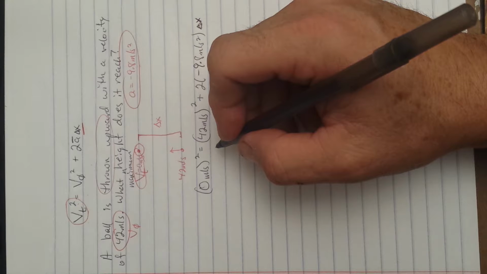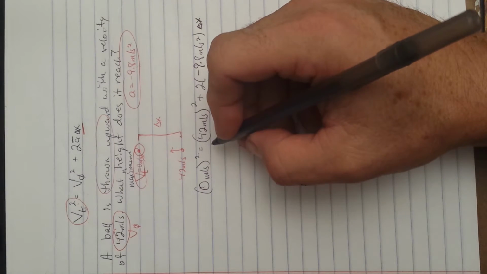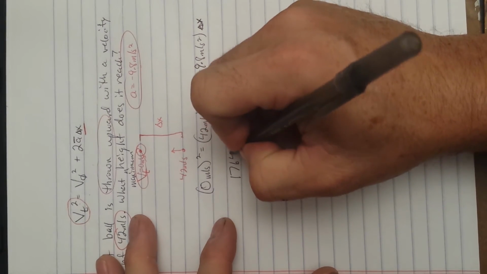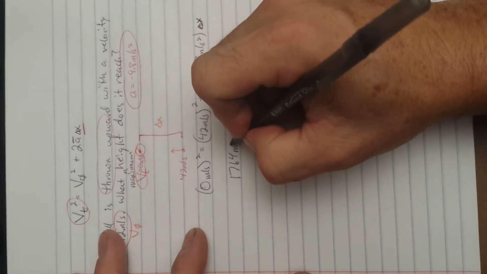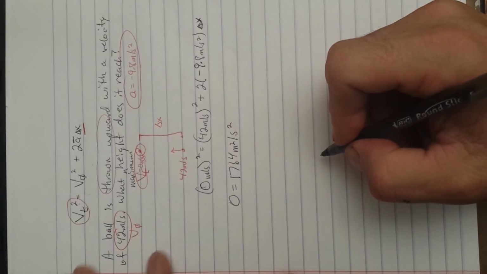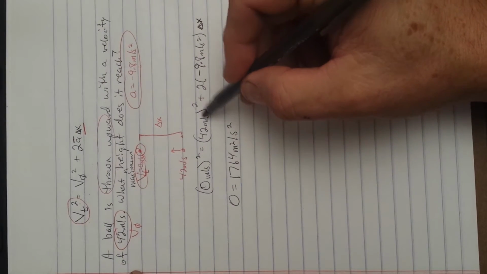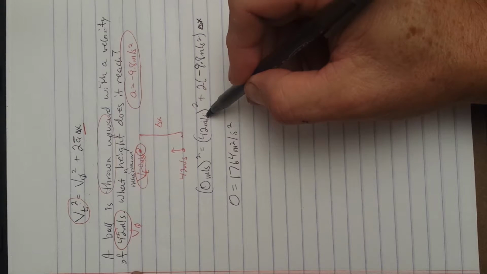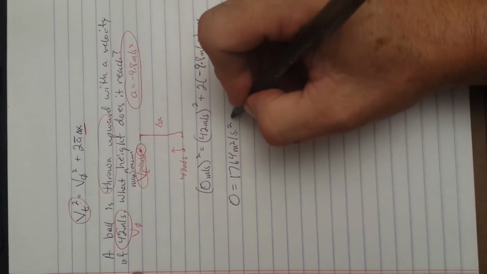All right, so 42 squared is going to be 1,764 meters squared per second squared. Get our 0 out in front of here. When we square units, we square both: we're going to square the meters and square the seconds. Meters on top, seconds down below.